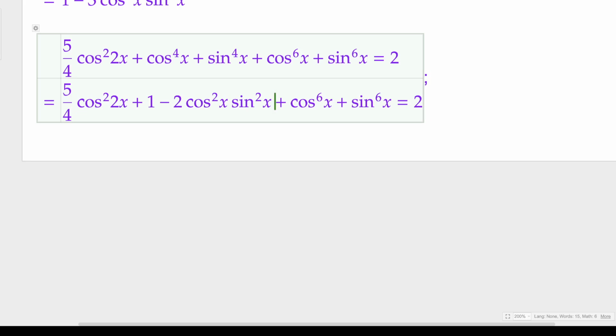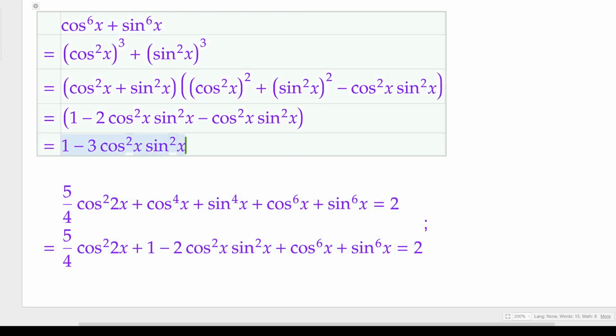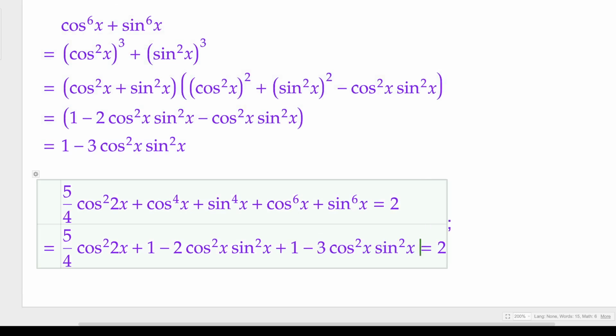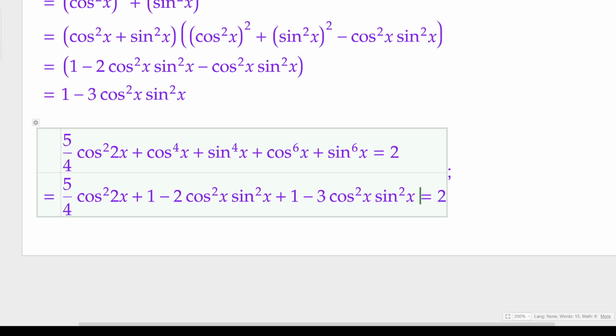Similarly for cos x power 6 and sin x power 6, I'll replace with this particular quantity. Now if you observe here, we are having minus 2 and minus 3, that is 5, and this is plus 1 and again positive 1, so that is 2.